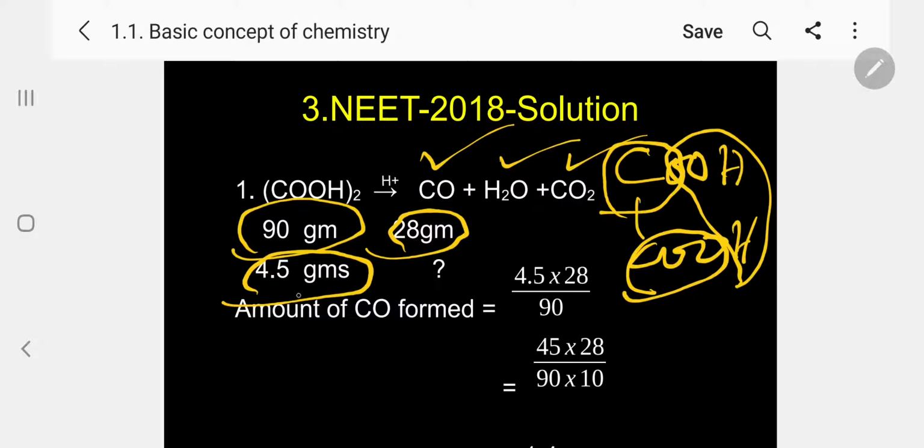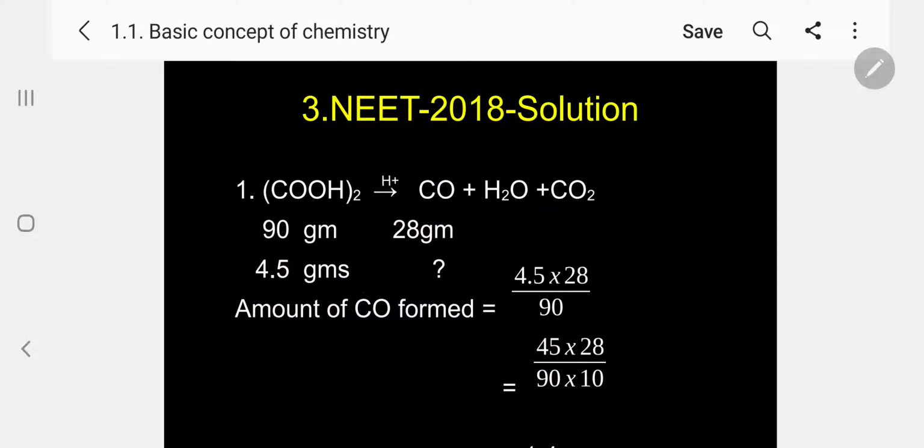For 4.5 grams, how many grams? Simply write 28 divided by 90 into 4.5. As usual, I will write 4.5 in the form of 45 by 10. So automatically 45 and 90 gives 2, and 28 divided by 2 is 14, that is 14 by 10, 1.4. So this is also 1.4. Please follow.